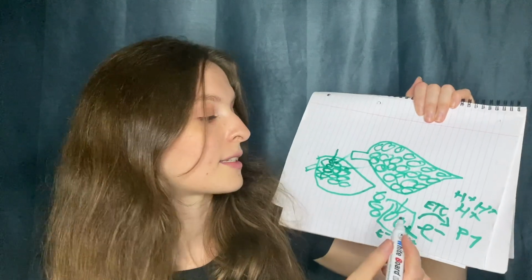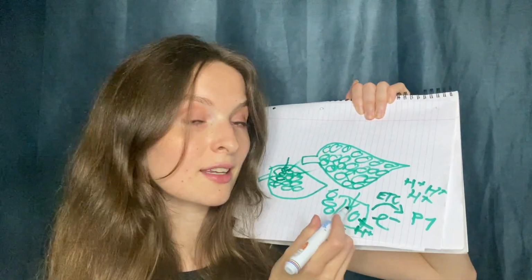So on to photosystem 1. Then after the electron transport chain, in PS1, essentially the same thing happens. So imagine it's very similar. It's a stack of photosynthetic pigments with a reaction centre in the middle.